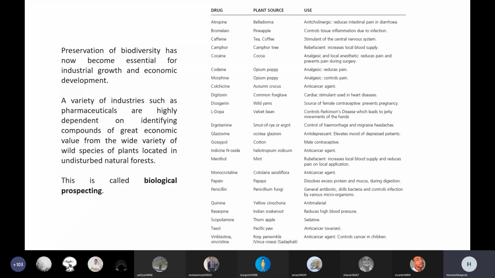So we have penicillin, which is obtained from fungi. So this is again an antibiotic which is very efficient in killing bacteria or restricting bacteria. So this is all about biological prospecting.